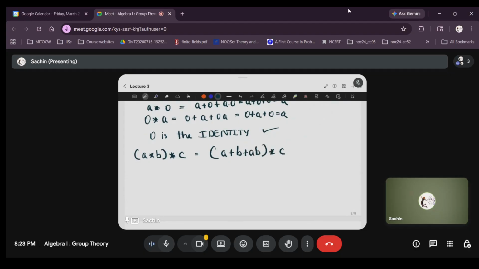Start with C, which is A plus B plus AB plus C into A plus B plus AB. Right? So there's no confusion with how this is done, right? How the operation is applied.